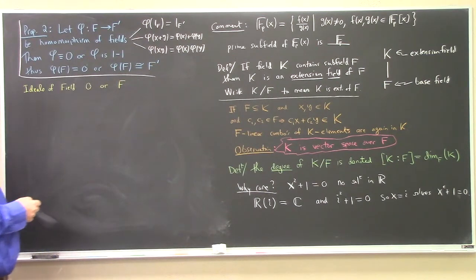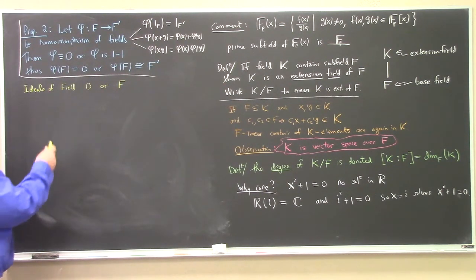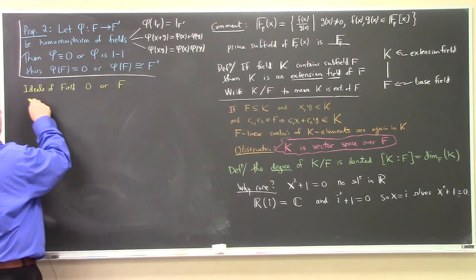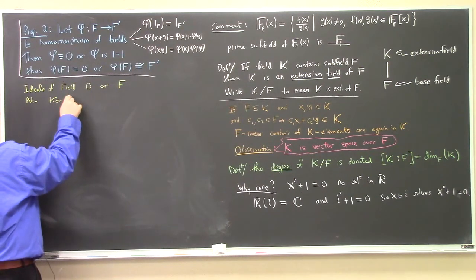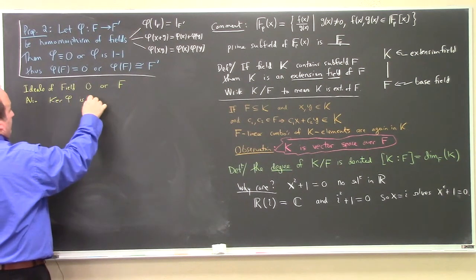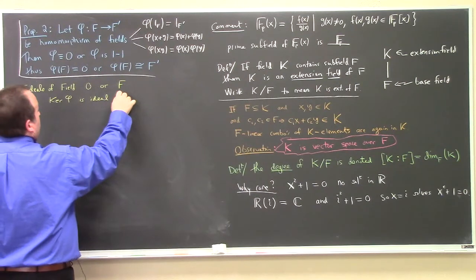right? And if it's a homomorphism, the first isomorphism theorem says what? Also, remember the kernel of the homomorphism is an ideal of F, right?